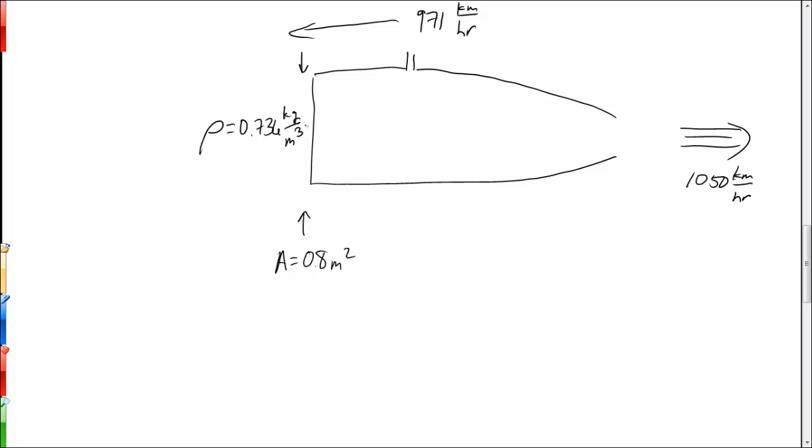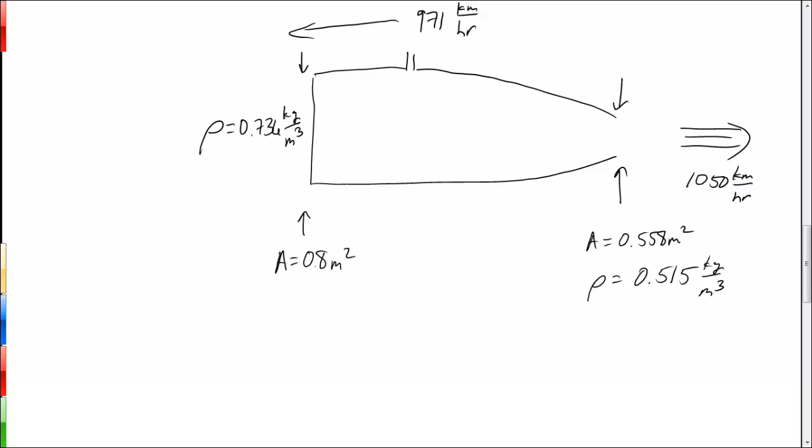And the exhaust area here is 0.558 meters squared. And the exhaust gas density, which I'll just write down here, is equal to 0.515 kilograms per meter cubed. All reasonable numbers for a modern jet airline.